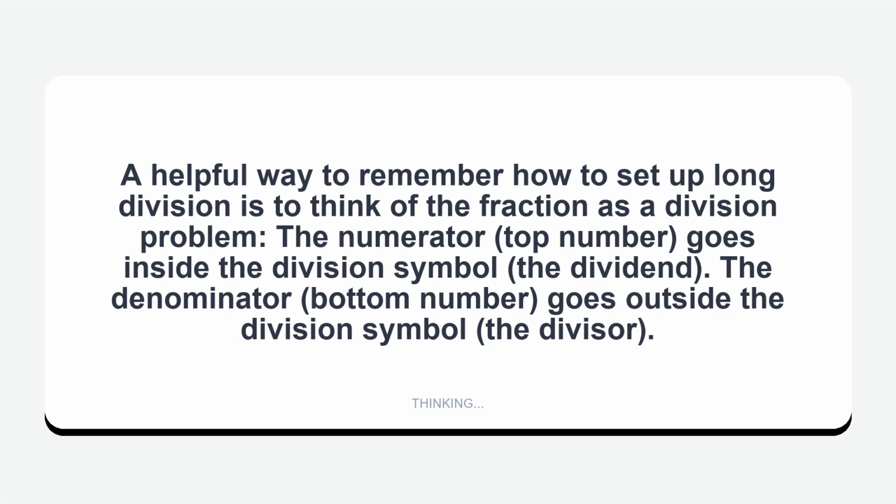A helpful way to remember how to set up long division is to think of the fraction as a division problem. The numerator, top number, goes inside the division symbol, the dividend. The denominator, bottom number, goes outside the division symbol, the divisor.